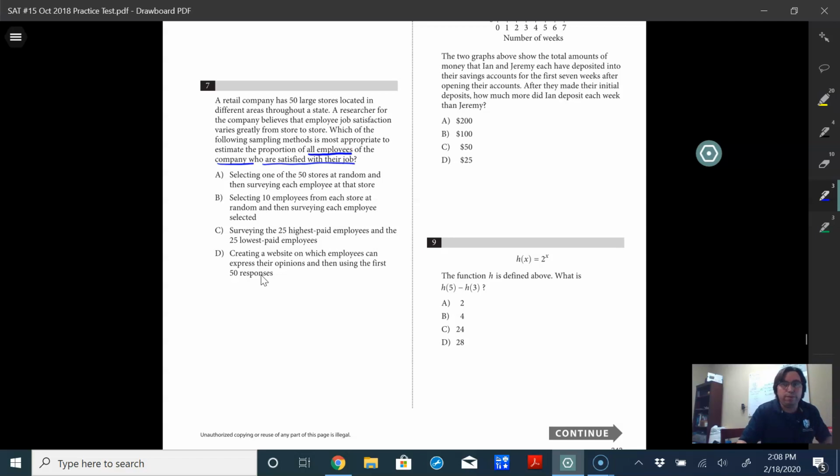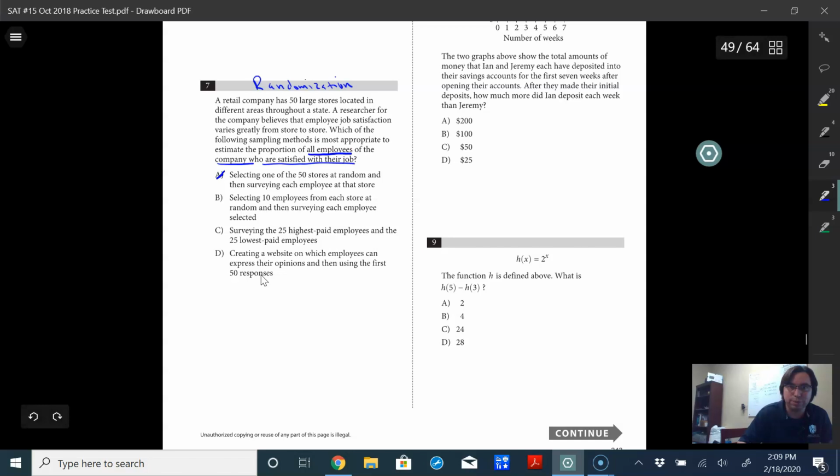Remember, this question is about randomization. For that reason, we want a random sampling from as many people as we possibly can from each store. So A: selecting one of the 50 stores at random and then surveying each employee at the store.